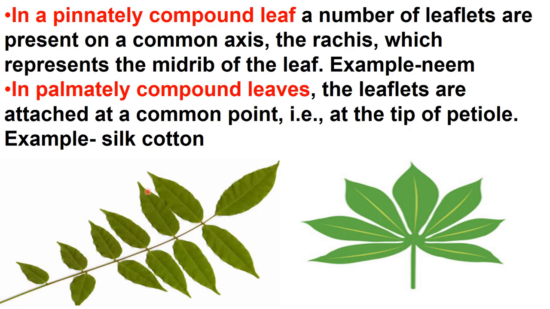So this is a complete leaf, and this common axis is the midrib of the leaf. These small leaves are not actually leaves. What are these? These are leaflets which have been formed from a single compound leaf.